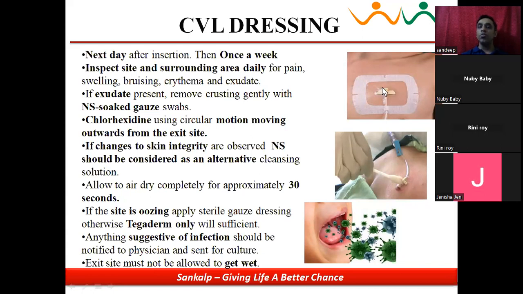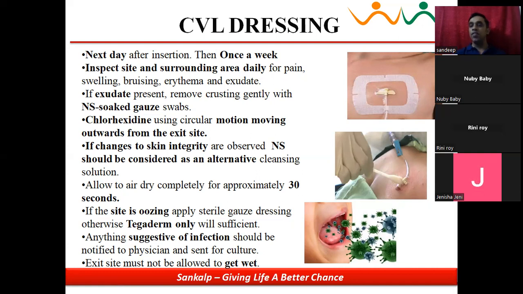And after using one gauze to clean this area, once you come outside, throw that gauze piece and take a new gauze piece. And the important part here is, you are not supposed to hold the gauze piece with your hand. Even if you are using sterile gloves, you are not supposed to touch the gauze piece with your hand.